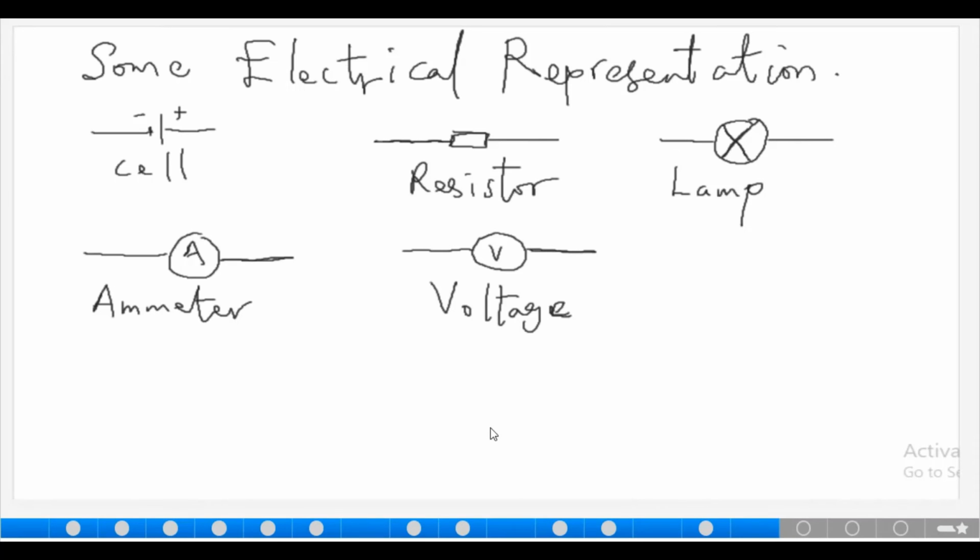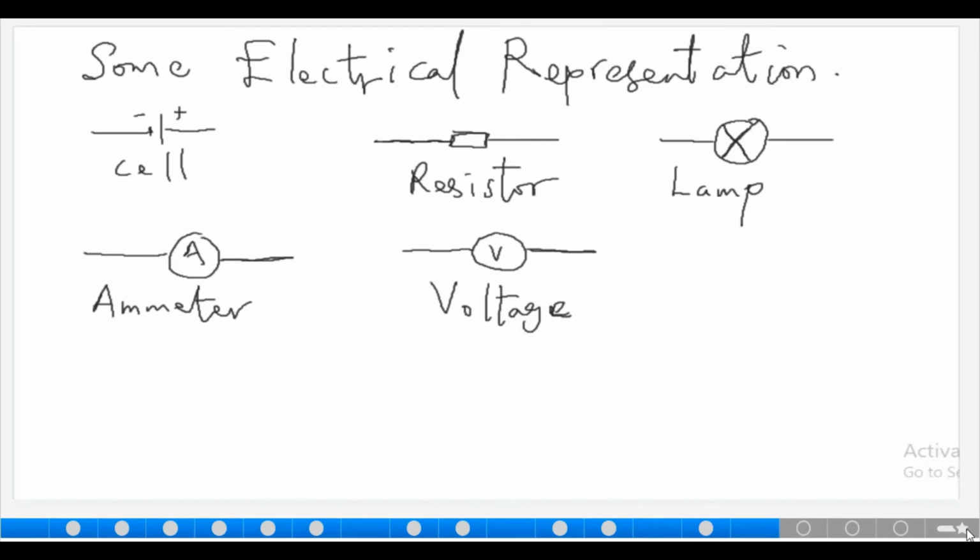Now, let's deal with some electrical representation. When you see the diagram of a cell, this is it. It's going to have the negative terminal and also the positive terminal. For a resistor, this is its typical representation. If you should have a variable resistor, it's going to look more like this.